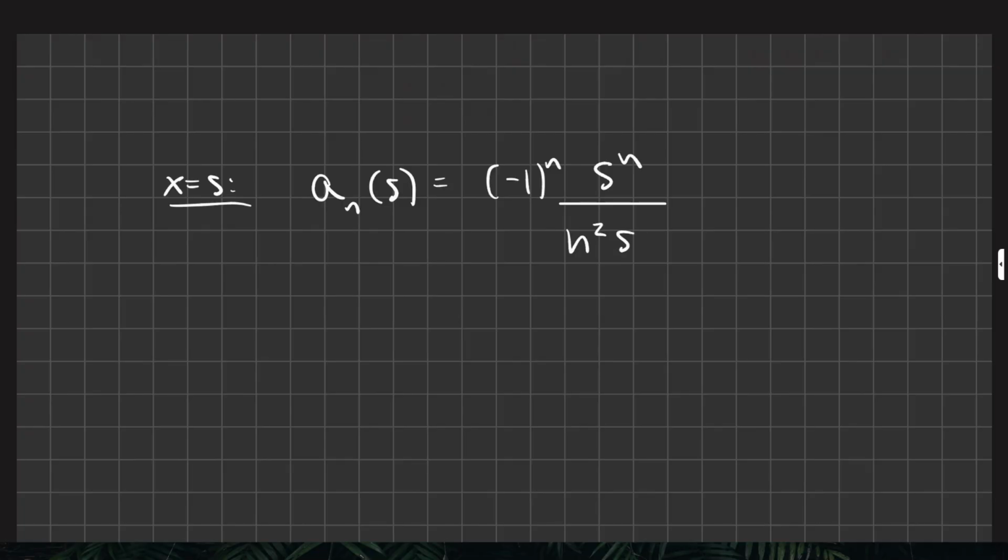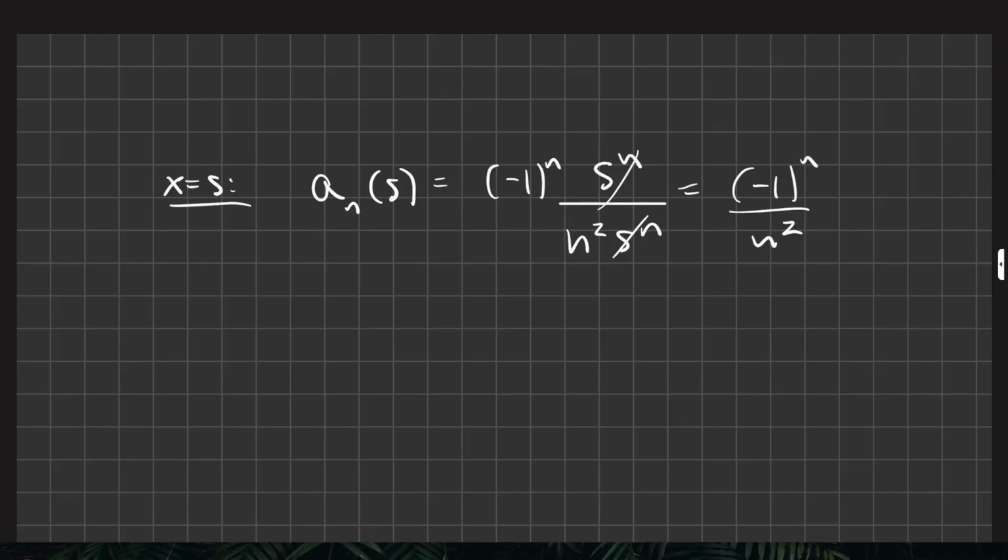So let's do that. So at x equals, let's see, positive 5 first. We're looking at a sub n evaluated at 5. This is just negative 1 to the n times 5 to the n over n squared 5 to the n. This is just negative 1 to the n over n squared.